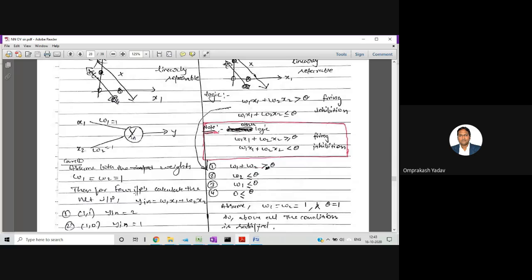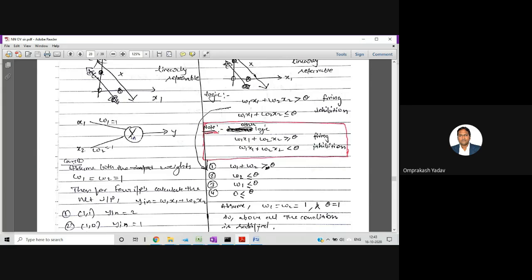Now we will run the first case where we assume the weights, and then solve the problem. If we get the proper answer, then we can say that the assumed weights were right. For example, in the first case, as shown in the diagram, we assume w1 equal to 1 and w2 equal to 1.